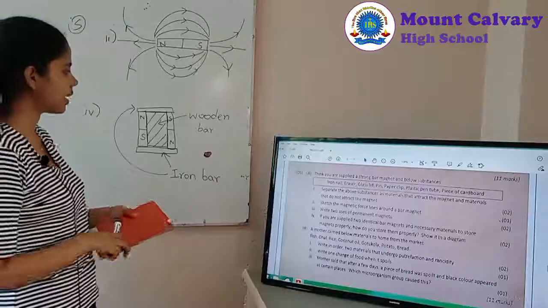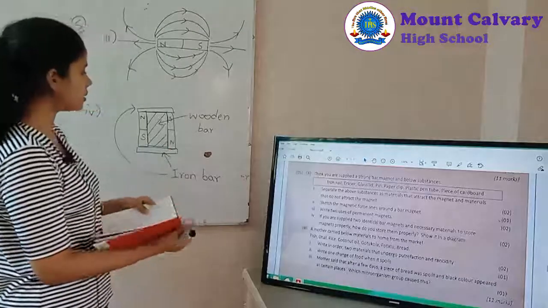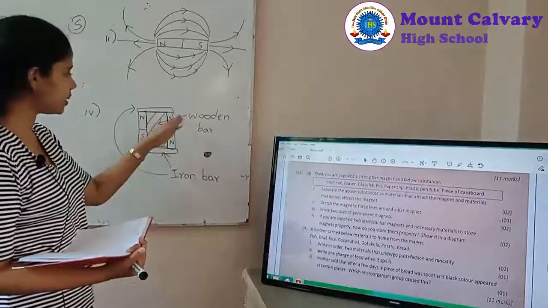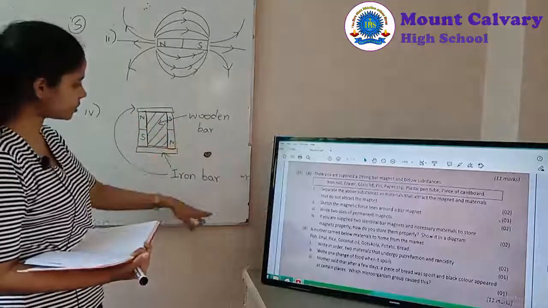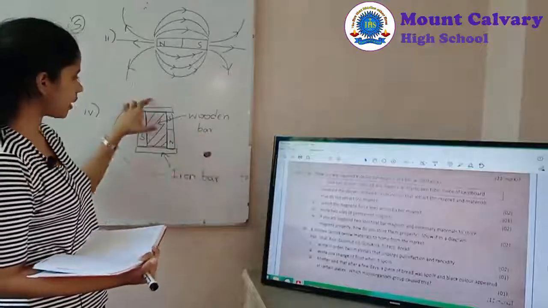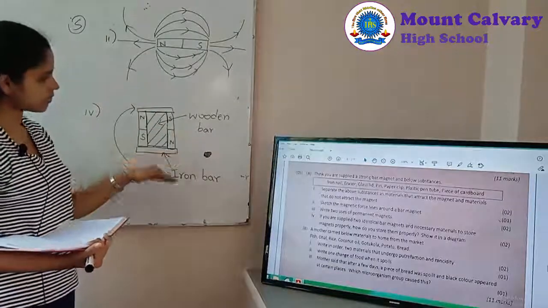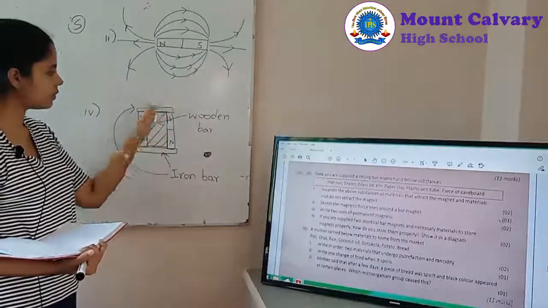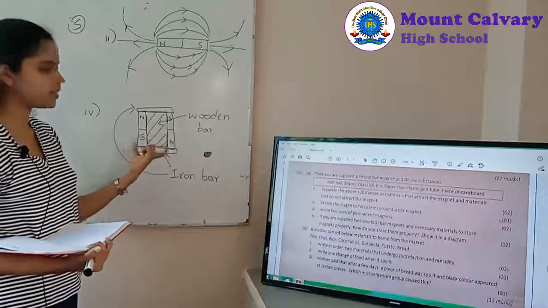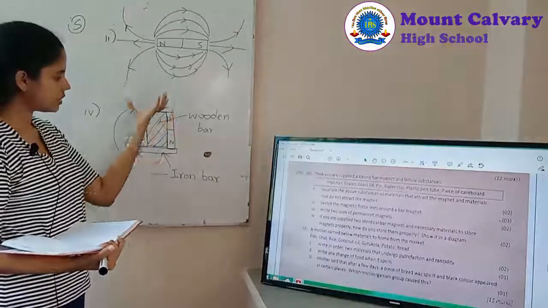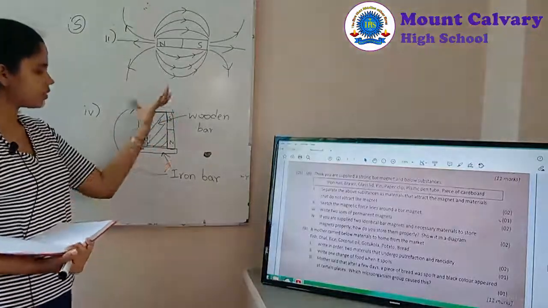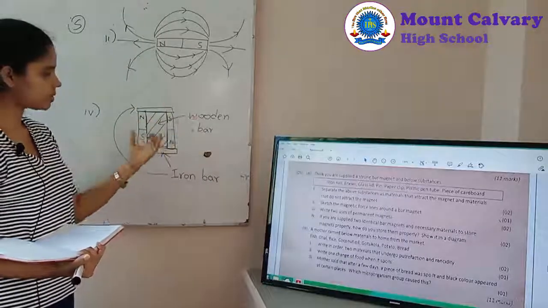You have to get a wooden bar, and you have to keep the wooden bar between those two magnets, and you should take two iron bars, right? So the iron bars should be placed in the corners of the two magnets, and a wooden bar should be placed in between the two magnets. So this is how you should store bar magnets properly.